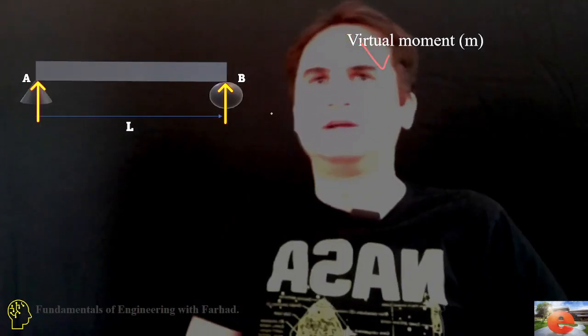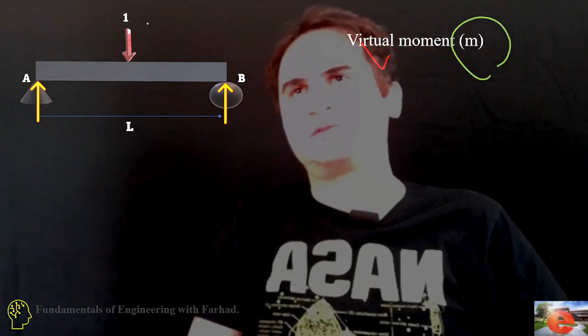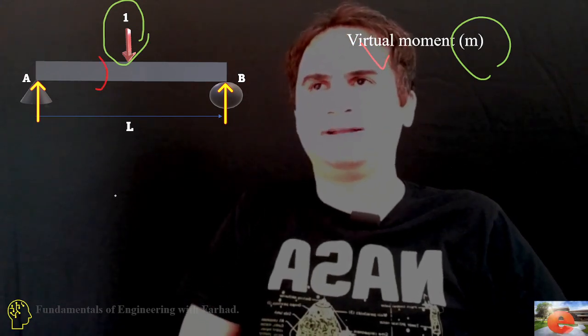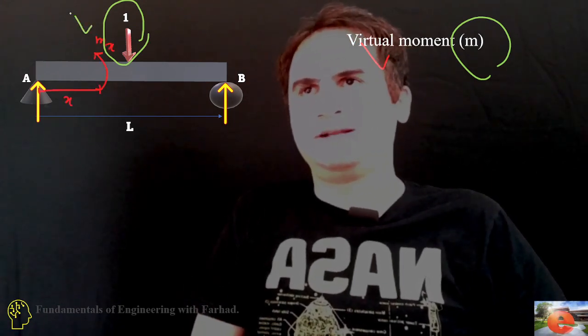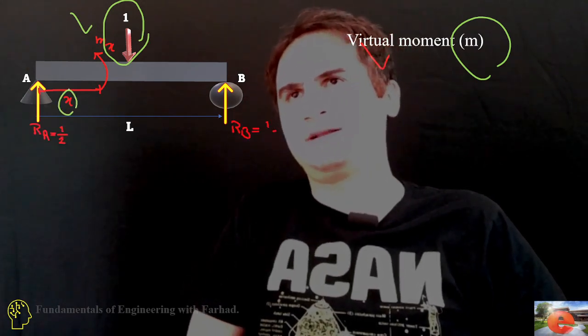This gives the vertical deflection at point C, which is the center. For the virtual work, we place the 1 unit of load and calculate small m of x at a distance x.